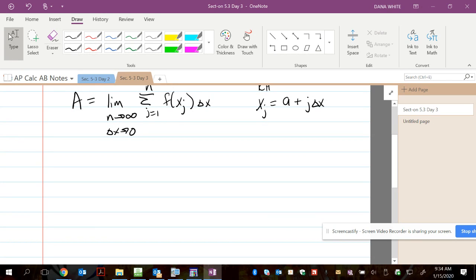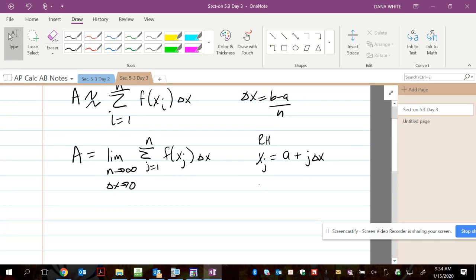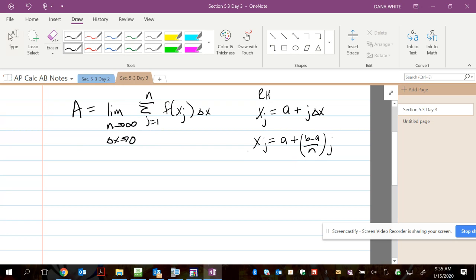Now we're going to actually get all this defined. This means that if my delta x is that, then I can say that x sub j is a plus the b minus a over n times j, and then that's going to go in there.